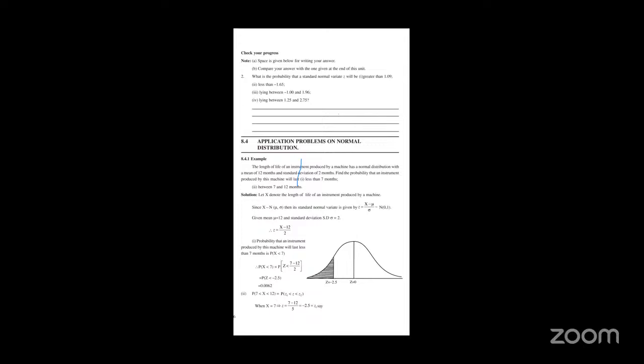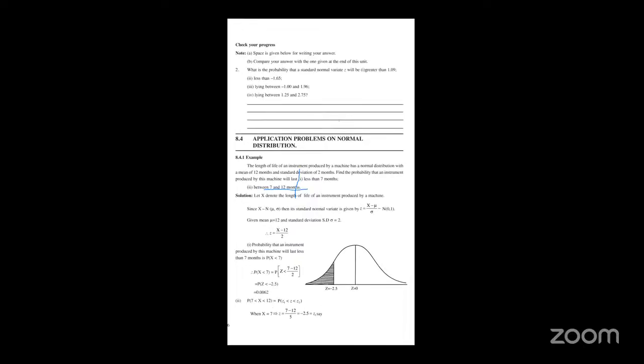What is the second question again? If it is lasting between 7 and 12 months, we take the lower boundary as 7 and the upper boundary as 12, so we take two variables, Z1 and Z2. For Z1, it becomes (7 minus 12) by 2, which equals minus 2.5.